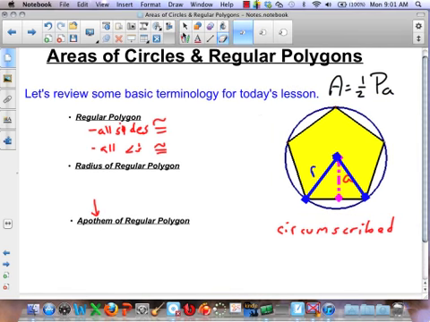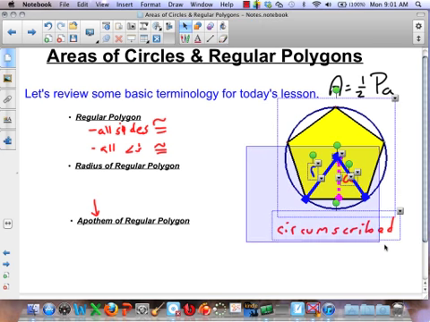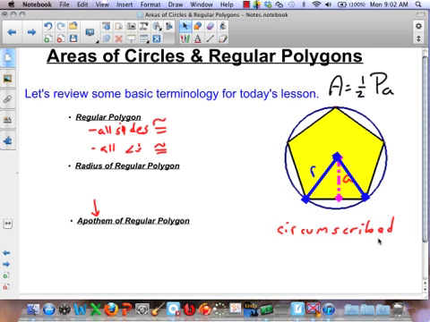So let's erase all this stuff. Okay, so we're going to start off. Suppose I drew all my radii.